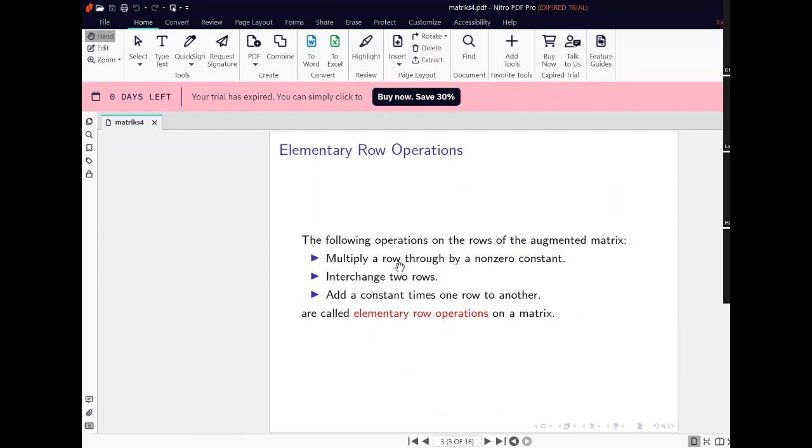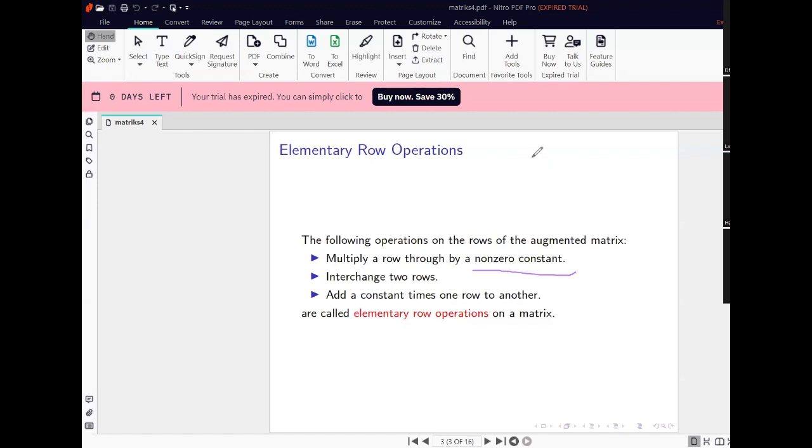The first is multiply a row through by a non-zero constant. You have to point out non-zero constant. Number 2 is interchange 2 rows. And number 3 is add a constant times one row to another.